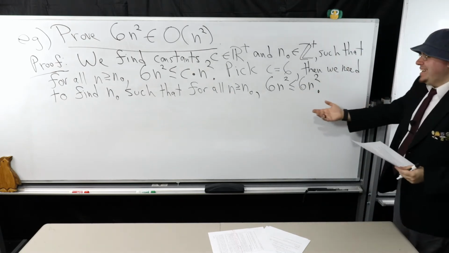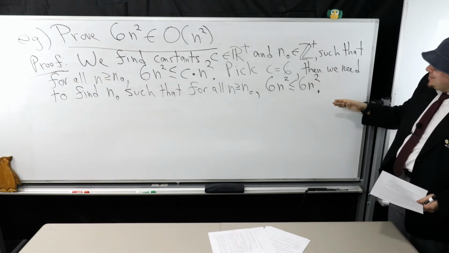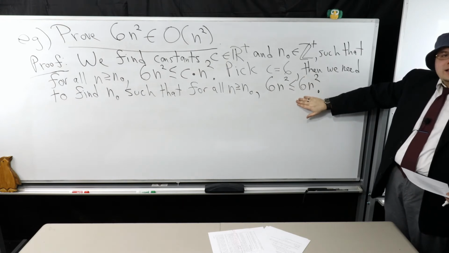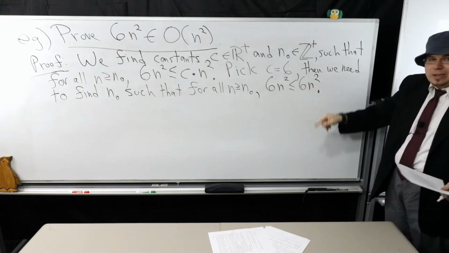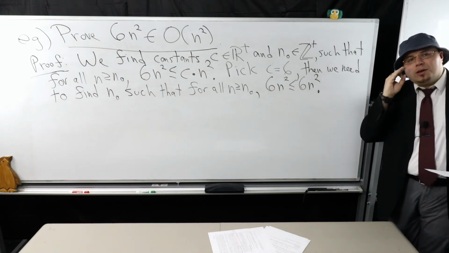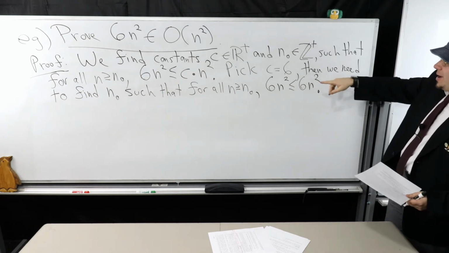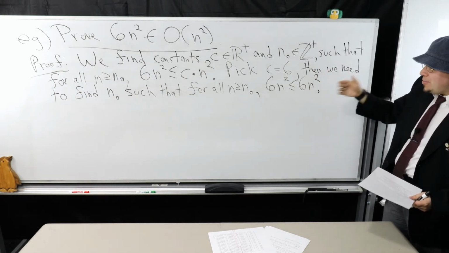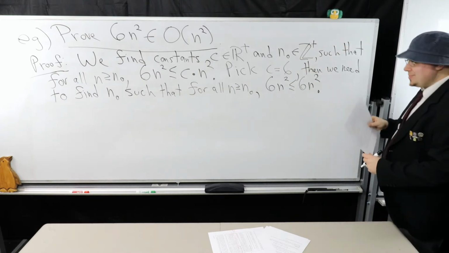Well, you notice I just spell it out. When you read something like this, you want to think about it like somebody doesn't know what's going on in your head. You want to spell out the reasoning, but do it in a concise way. So I pick C, then I say what I'm going to do next. But remember, it's one argument. This is just an argument.